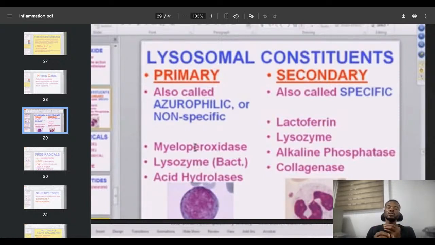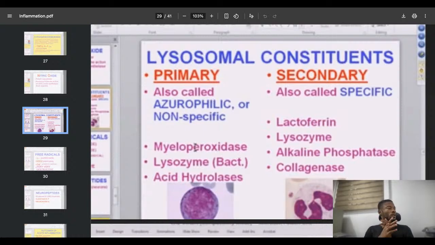That's why they are called azurophilic or non-specific. The secondary ones are specific. We have specific lactoferrins for specific types of injurious agents. We have specific alkaline phosphatases for specific injurious agents.